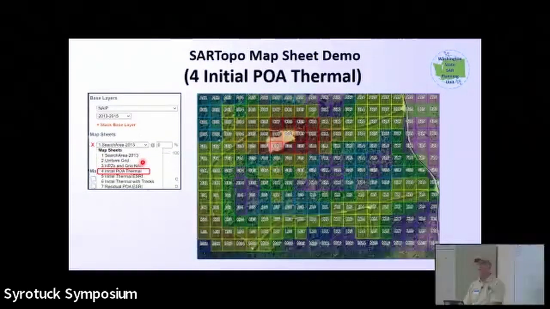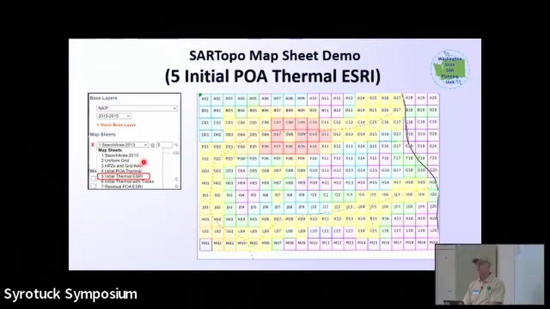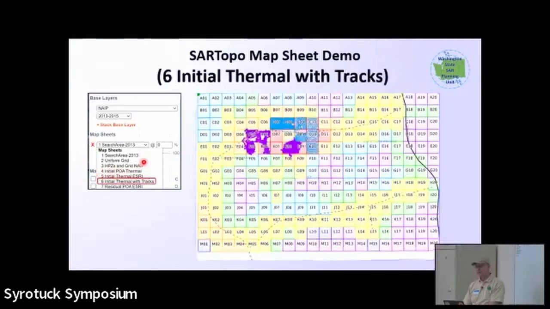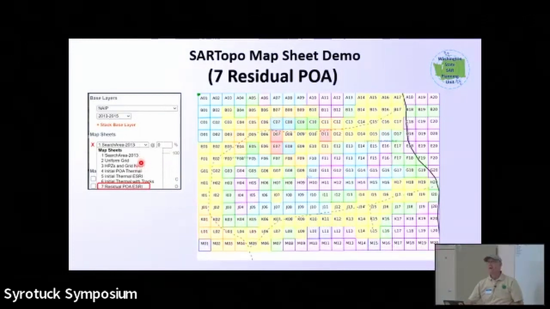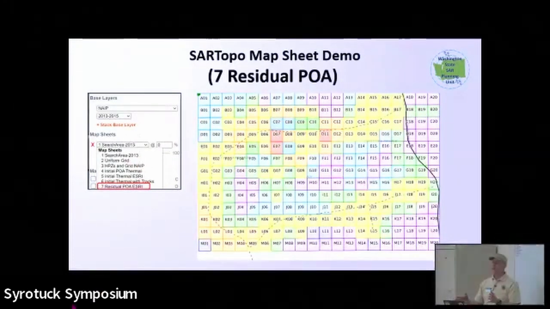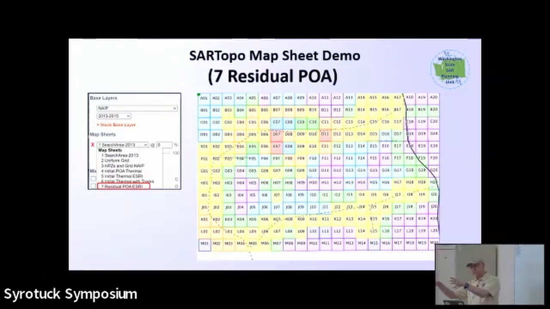Now we have our initial thermal, another map sheet, initial thermal with a plain background, another map sheet showing the search tracks, another map sheet showing their residual thermals. So this is a really neat trick in Caltopo. Also very useful if you have a complex multi-operational period search. You can show the results and tracks and assignments from multiple operational periods and store them and display them in these map sheets.